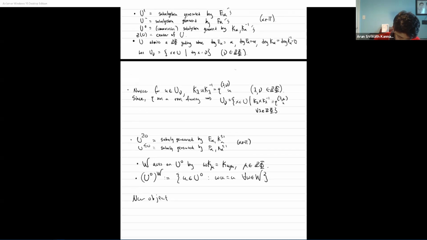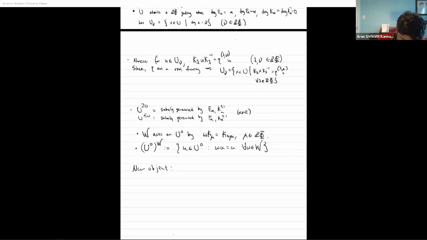So the new object that we want to introduce is this U0 ev. This is going to be a subalgebra of U0. And the ev condition is that mu is also 2 times a weight.